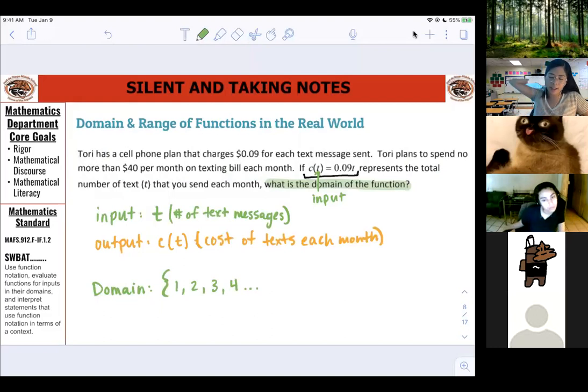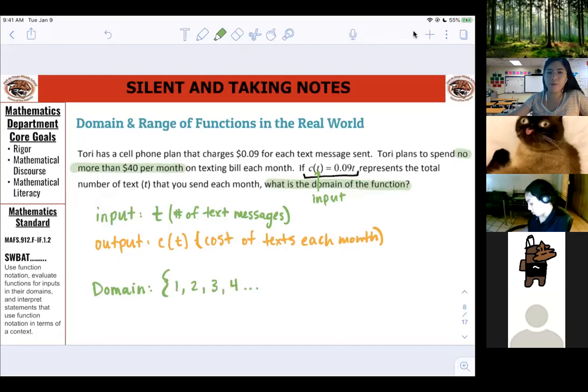Where can I highlight that gives me a clue about the most text messages? $40 per month. She wants to spend no more than $40 per month, and it's 9 cents for each text message, so how can I figure out the total number of text messages? $40 divided by 9 cents. Yep, exactly. So I'm going to take my calculator, and what's 40 divided by 0.09?